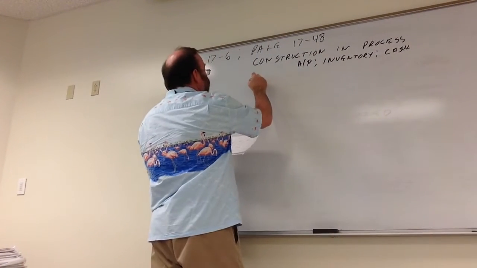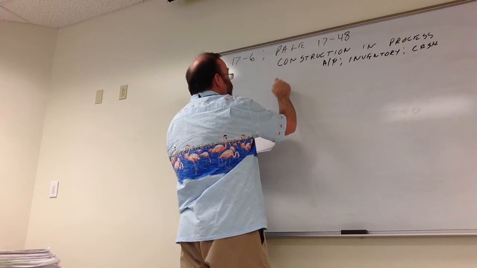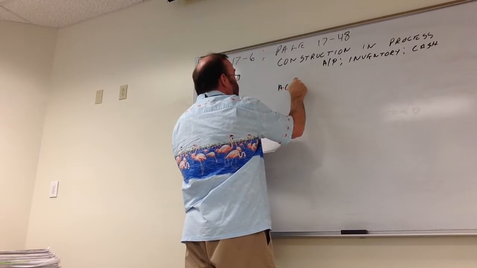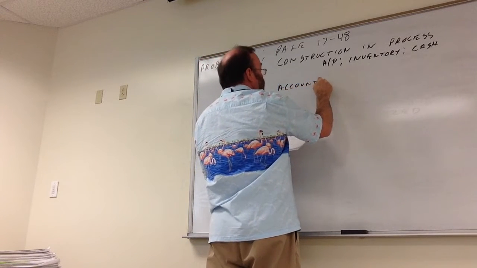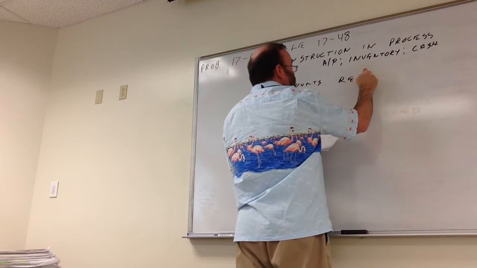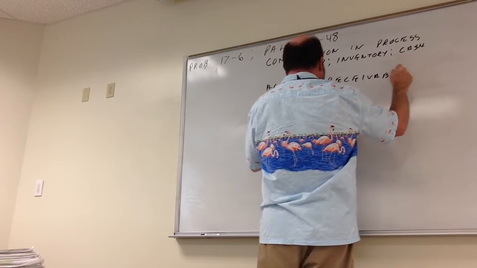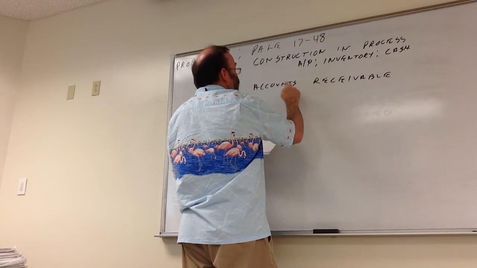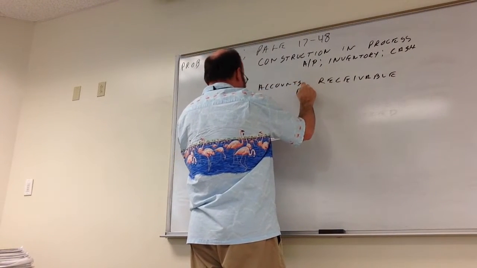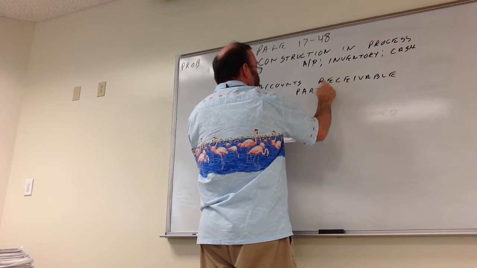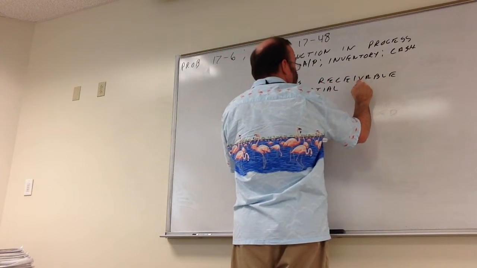So at that point, you're going to debit accounts receivable and credit a contra inventory account, partial billings.